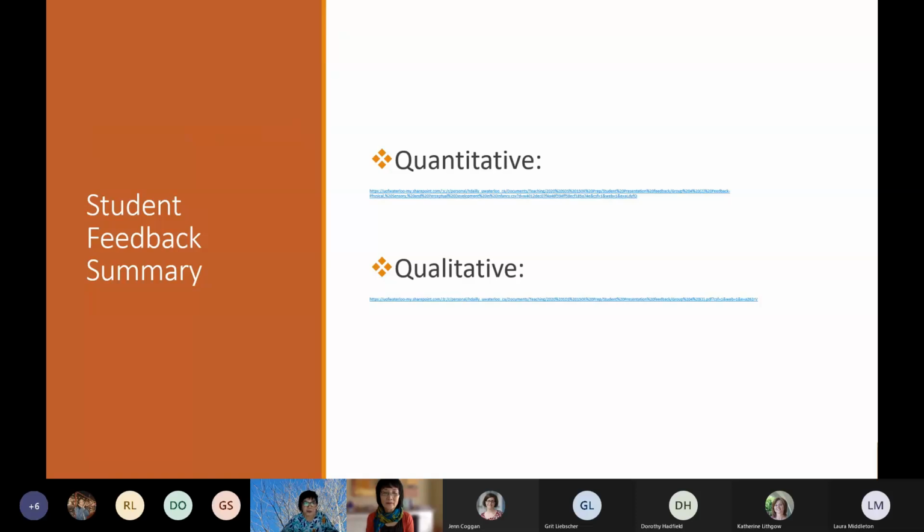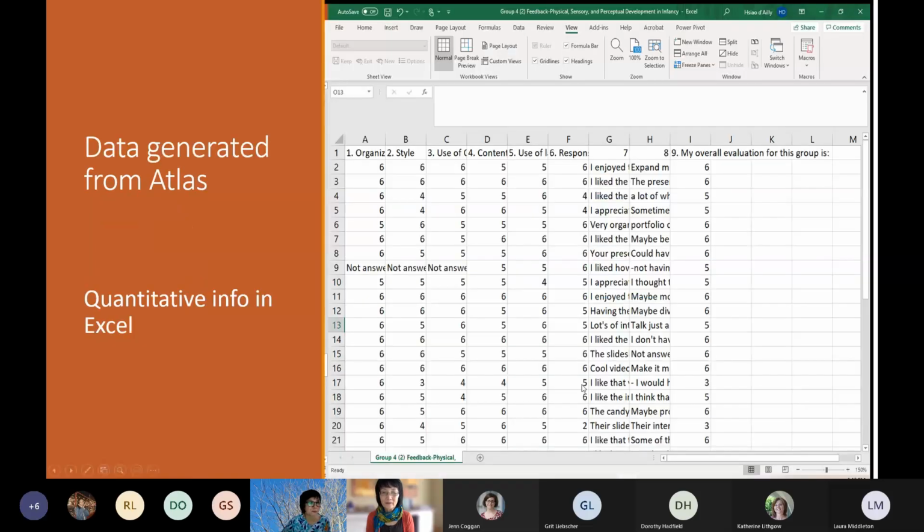I want to share with you a little bit about how we summarize the feedback and return it to students for each group to take a look. You can recall that we got some rating scales, and some qualitative feedback as well. The other two presenters already talked about how you can generate a report from Alice.